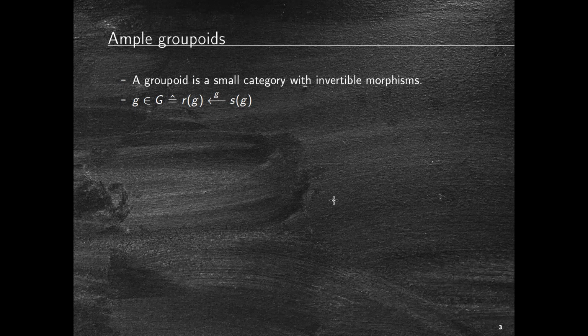And so then there's quite a bit of structure that comes with such a groupoid. First of all, because morphisms are invertible, you have this inversion map sending an arrow to its inverse. If you think about pictures of arrows, then this is just reversing the arrow. And also you can compose arrows, compose morphisms. So you have a multiplication.